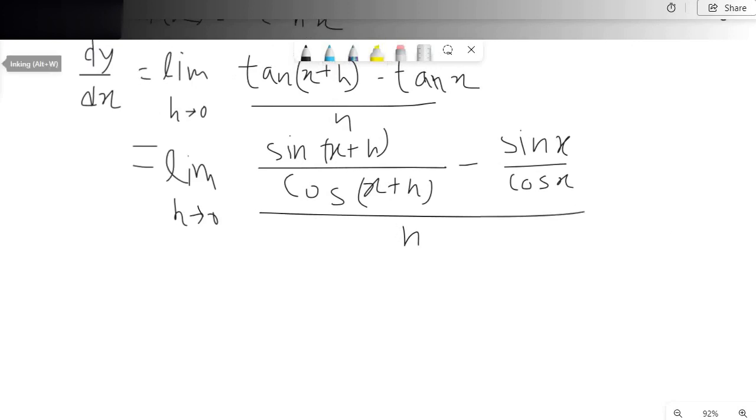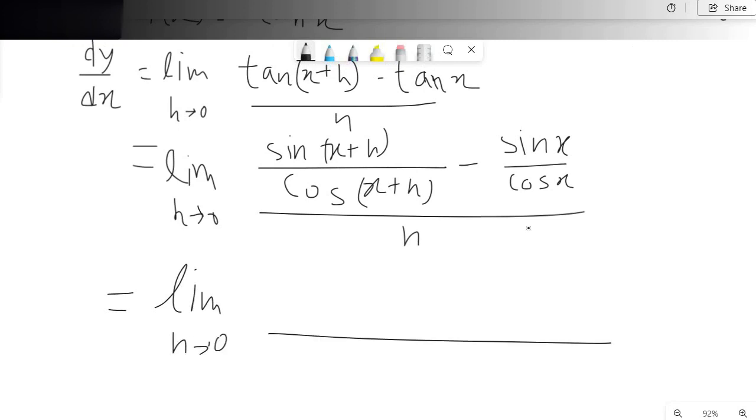Further simplifying, we get limit of h tends to 0, and here we have to combine the fractions.